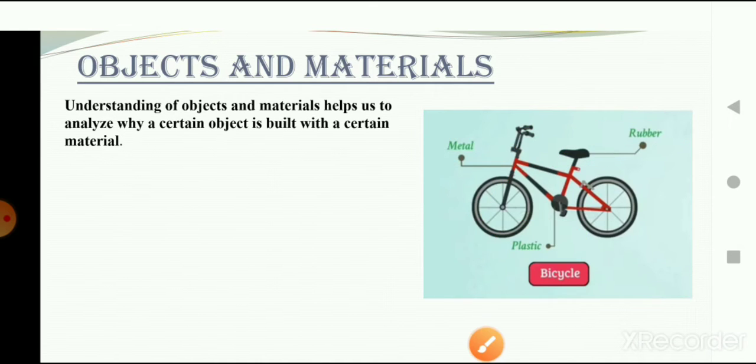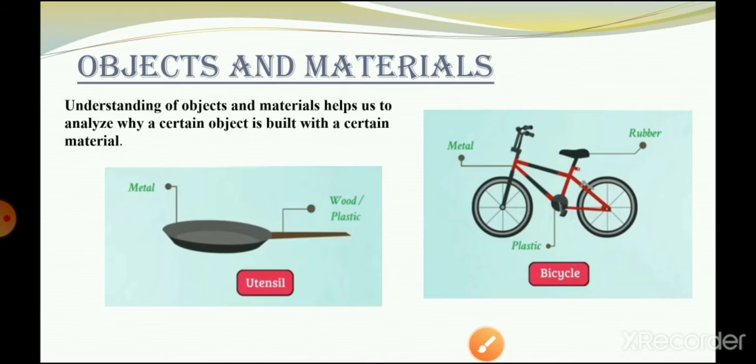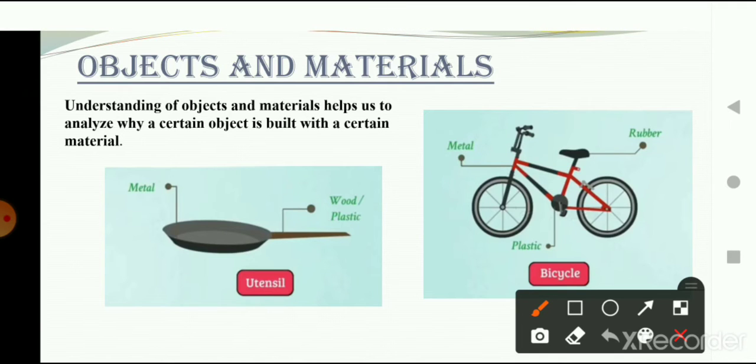Okay, now let's take another example. If we want to make a utensil, let's say we are making a pan. For the pan, the first part we need is metal. But for the handle, it is compulsory that it is made of a wooden holder or plastic. Why? Because that will help protect us from the fire or the burning marks.